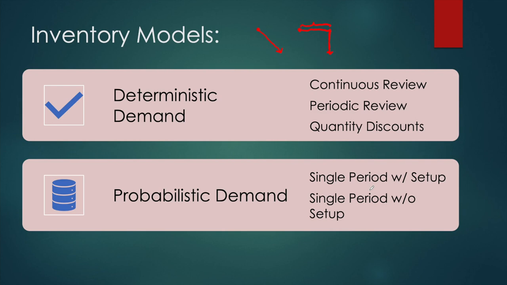In the same way, the newspaper boy will have a single period as well. Why? Because his inventory is newspaper, and obviously tomorrow, the newspaper today will be useless already. And the variation here is that there are probabilistic models where you have setup costs, and you also have probabilistic models where you don't have setup costs.